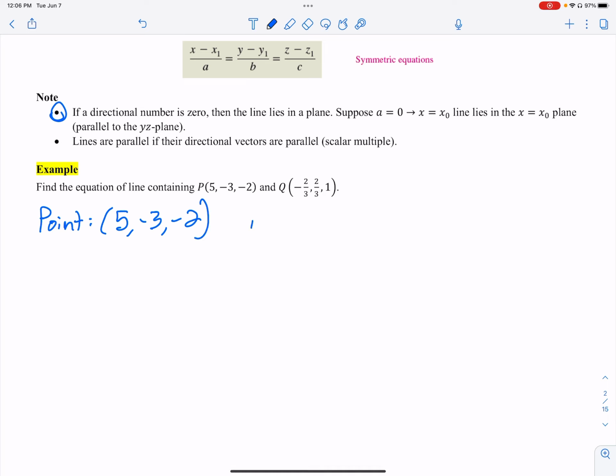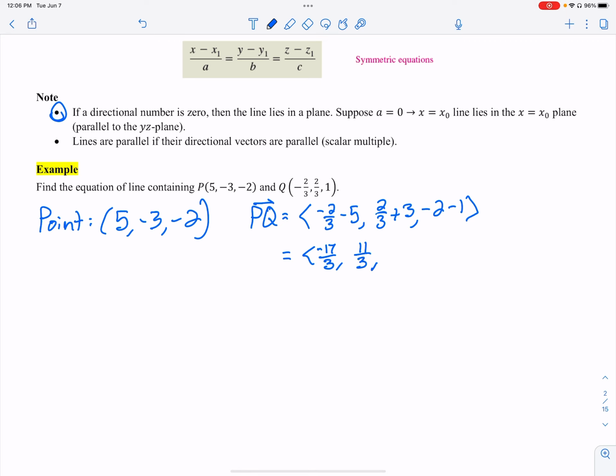All right, and then we also need the vector PQ, which is going to be negative 2/3 minus 5, 2/3 plus 3, and then negative 2 minus 1. So PQ ends up being negative 17 thirds, 11 thirds.